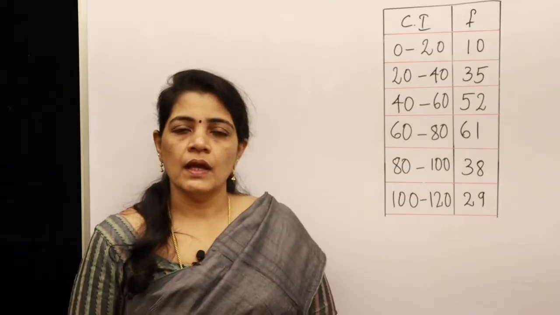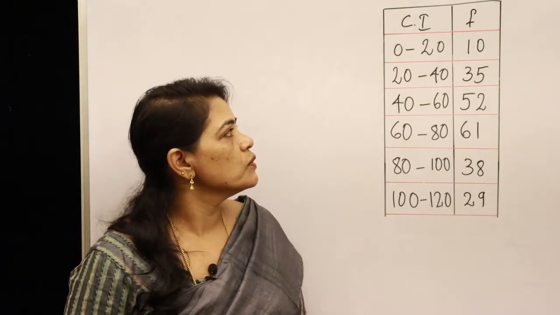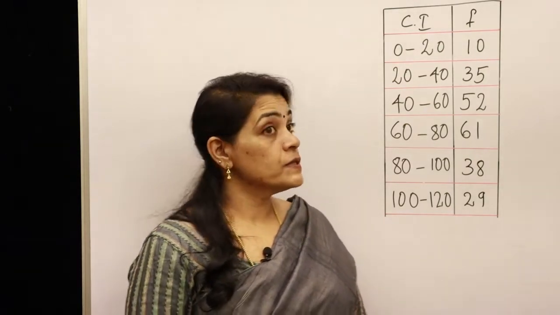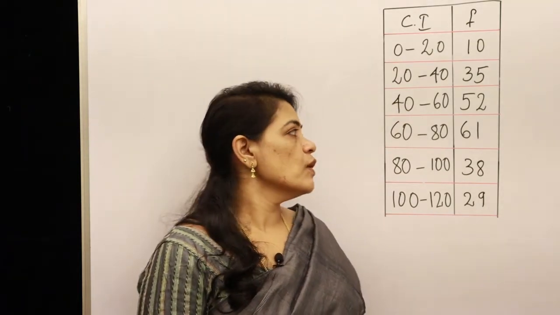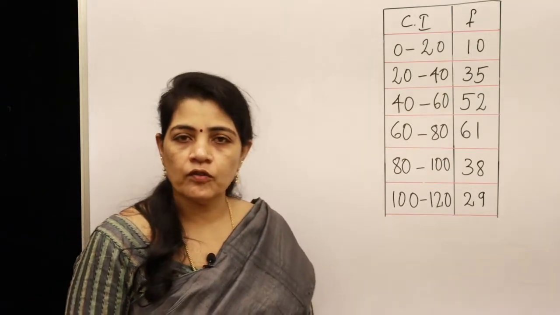Okay, now we are solving the second question. Here this table shows the observed lifetime in hours of 200 electrical components. We have to find the modal lifetime in hours of these electrical components. Quite a simple problem, only the mode is asked.